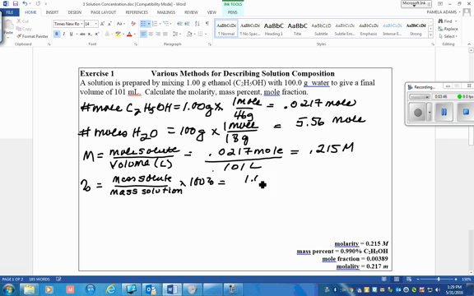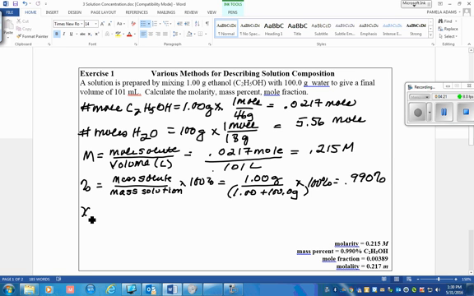That was given to us in the problem, and we know we have 1 gram of solute plus 100 grams of solvent. Multiply that by 100%. Some parentheses around here to keep our math nice and straight. And that gives us a mass percent of 0.990%.